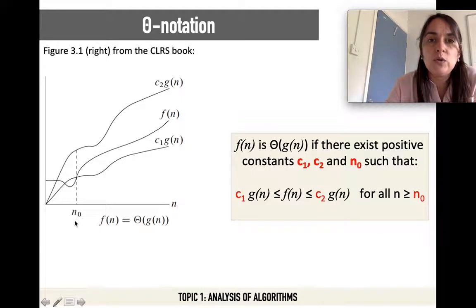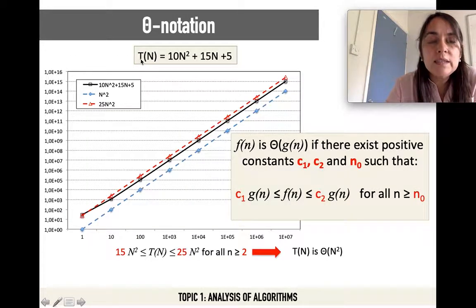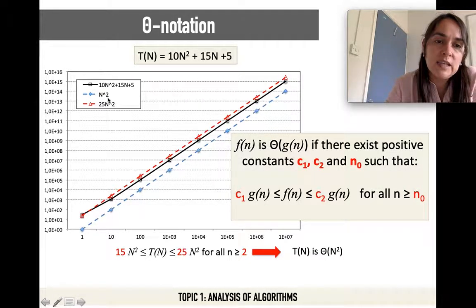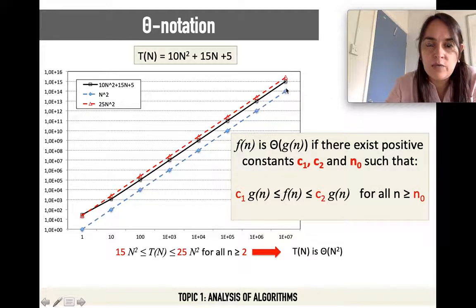So if we go to our example, and this is the function describing our running time, you can see that n squared, the blue line here, is always under our black line. So we have found a function multiplied by 1 which is always under our function.